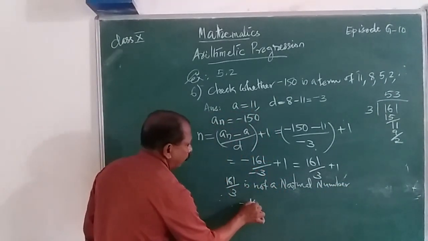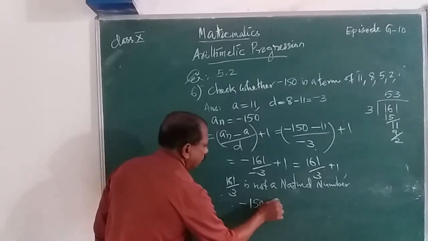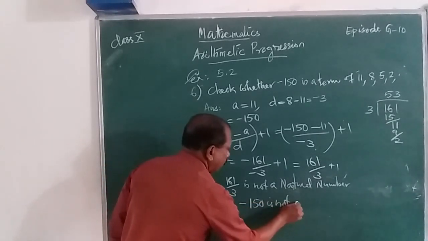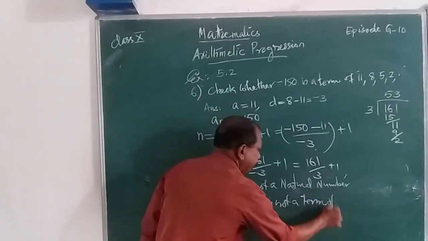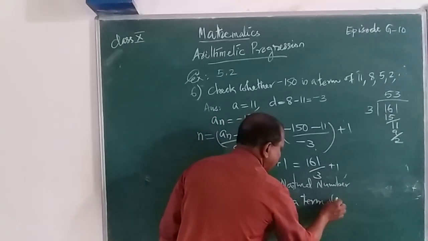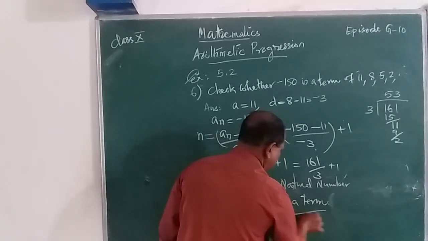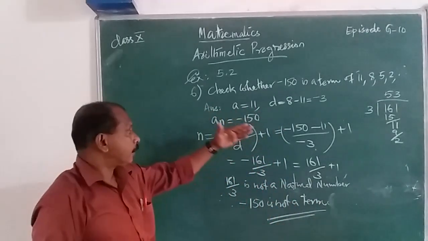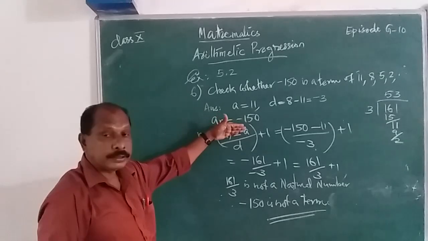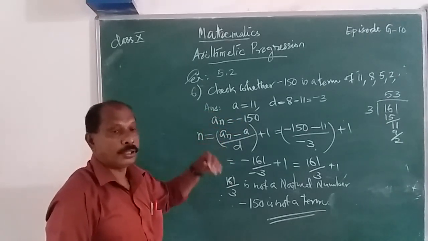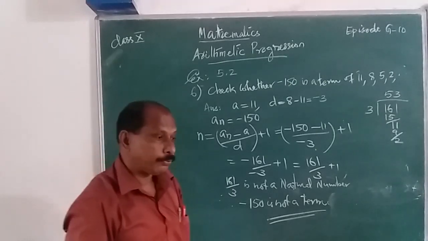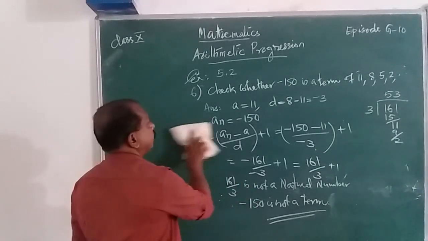Therefore, minus 150 is not a term, not a term of that progression. That is the answer. If An minus a is divisible by d, perfectly divisible by d, we know that that is a term of that progression. Clear?